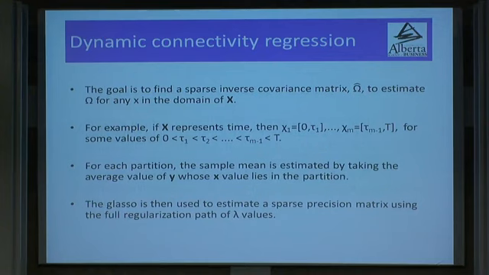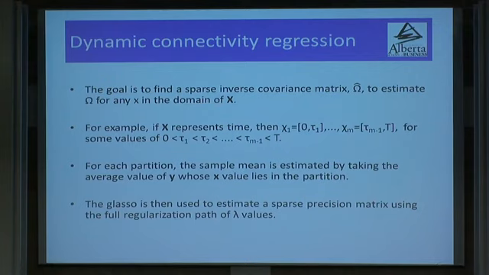So the goal in DCR is to find a sparse inverse covariance matrix omega hat for any x in the domain of x. So for example, if x represents time, we're interested in partitioning time into specific partitions. For each partition, the sample mean is estimated by taking the average value of y whose x value lies in the partition.